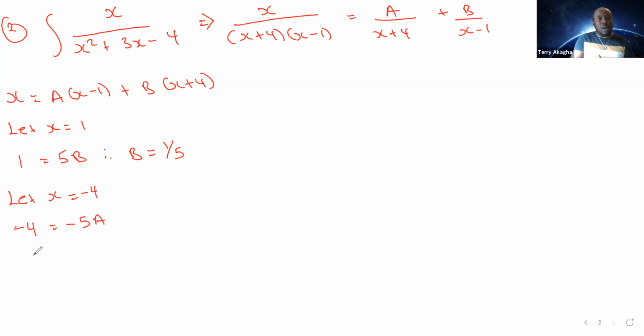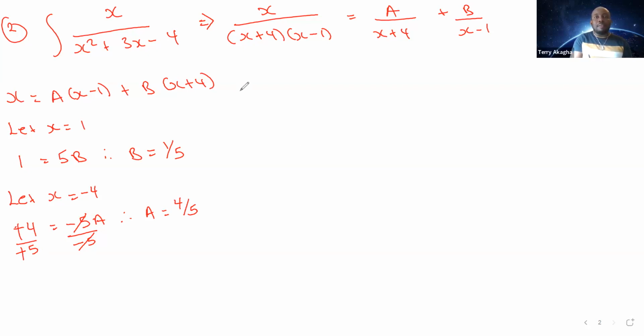Divide both sides by minus 5, and therefore a is equal to 4 over 5. Can you see? You're left with minus 4 over minus 5, minus cancels minus to be plus, and you get 4 over 5.